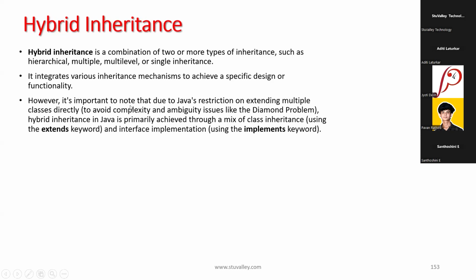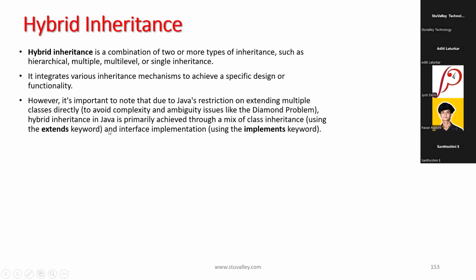However, it is important to note that due to Java's restriction on extending multiple classes directly, to avoid complexity and the ambiguity problem, as I said, the diamond problem, hybrid inheritance is also not supported in classes.